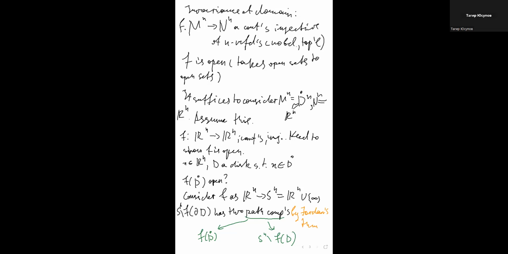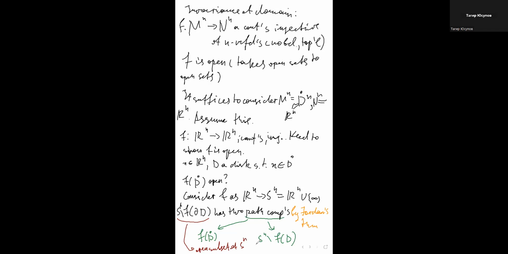Why? Well, Sn minus F of D is an open subset of Sn.